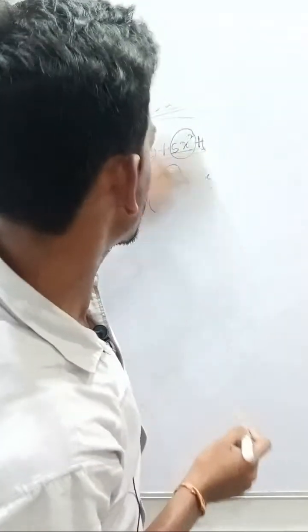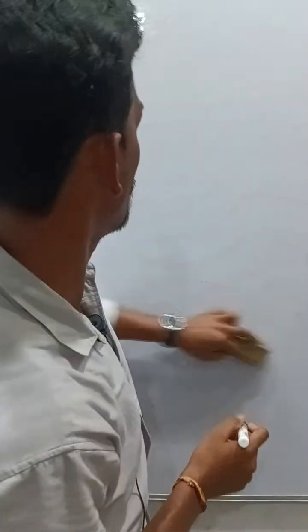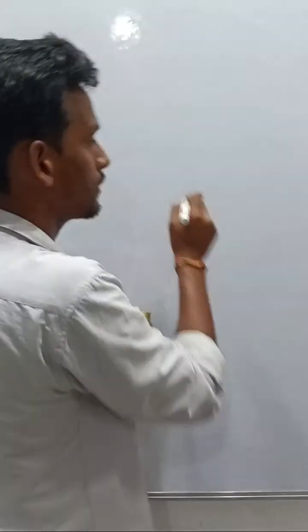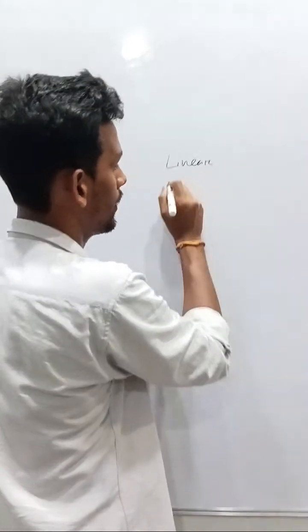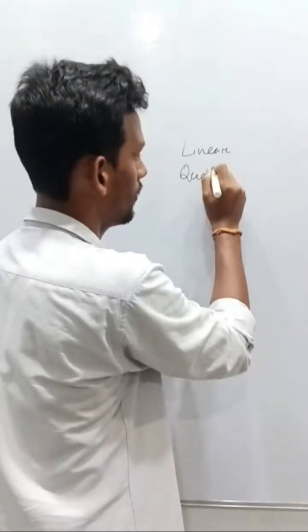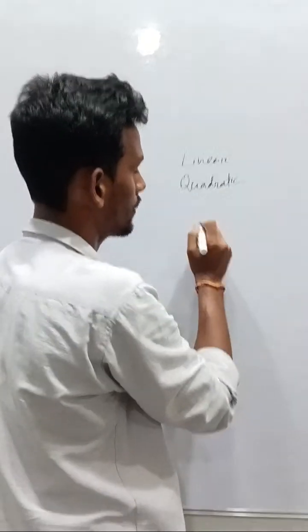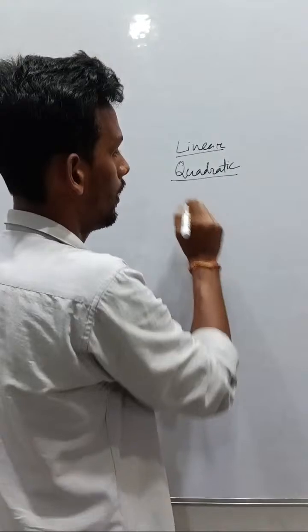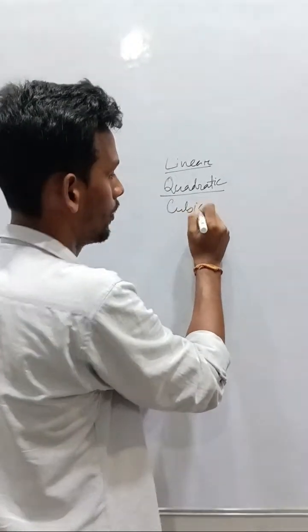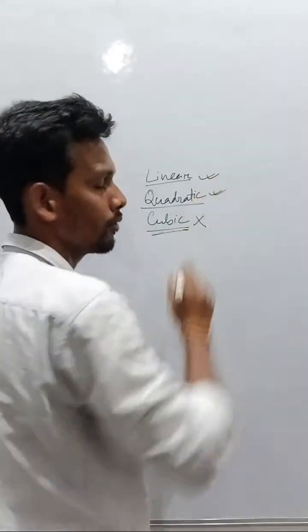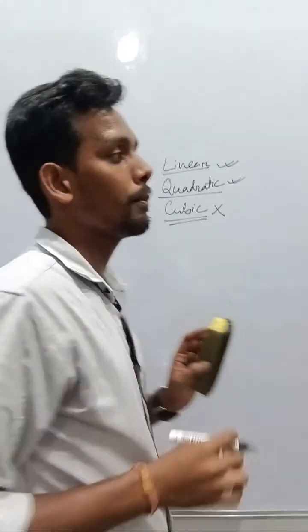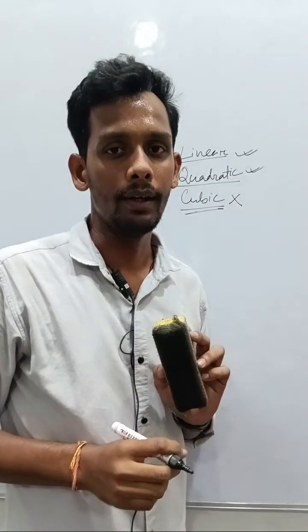So in your class 10, you have to learn about the linear polynomial based on degree, then quadratic polynomial, and then cubic polynomial. Cubic polynomial is not necessary, only linear and quadratic polynomials are necessary. These are based on degree.